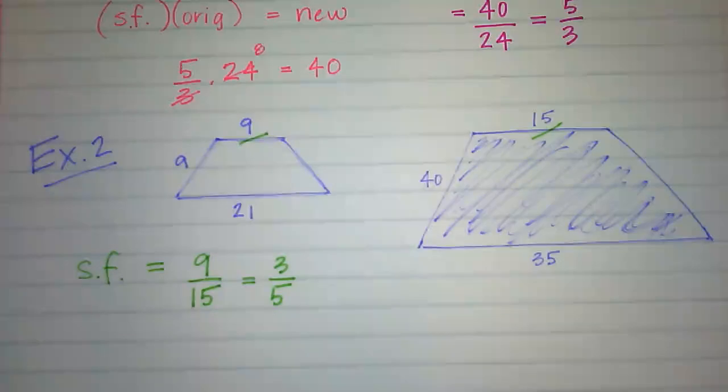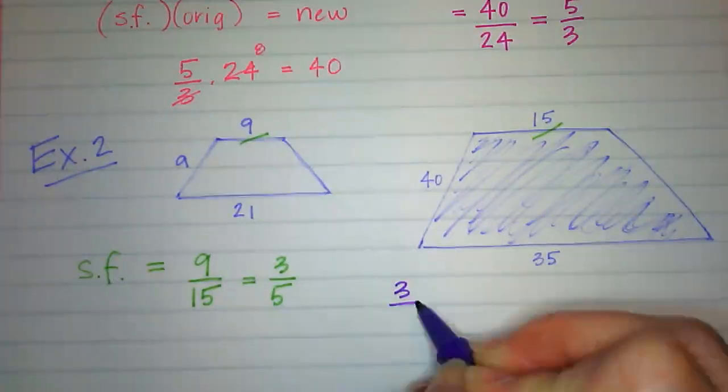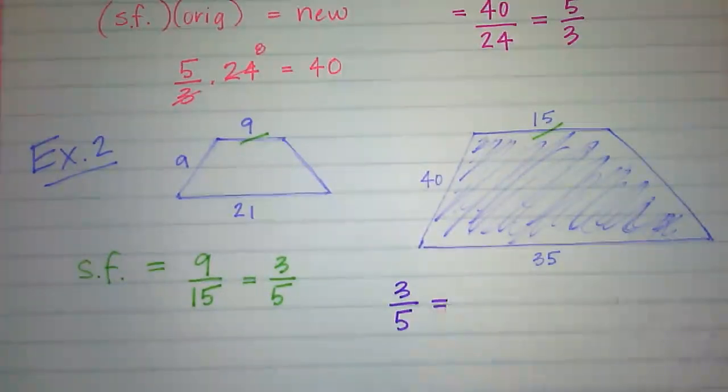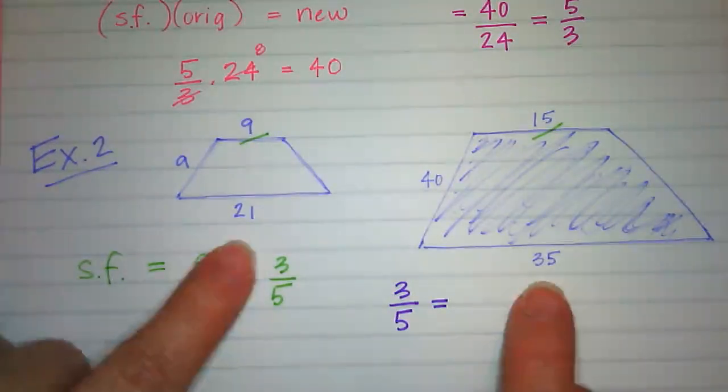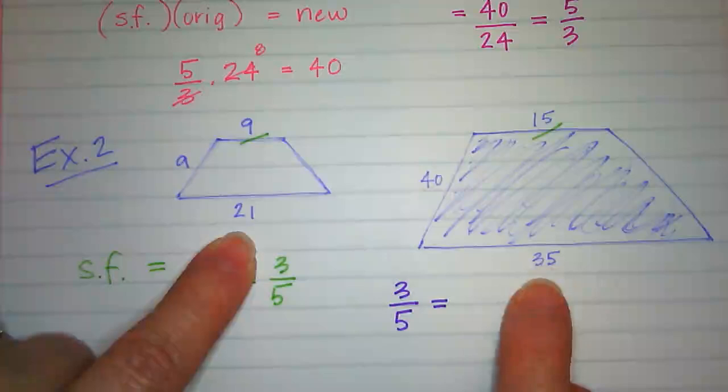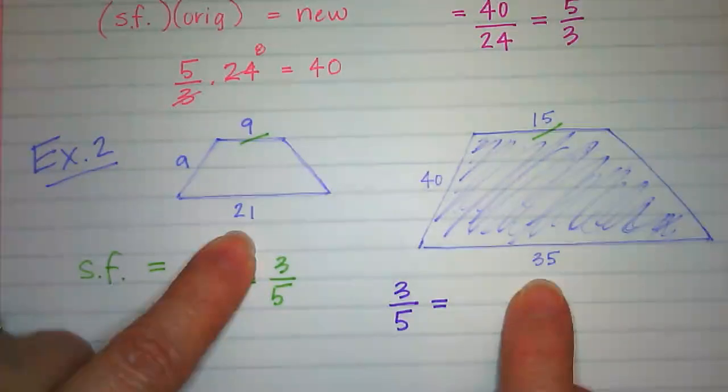And that is, if we now make a proportion using our scale factor with the other fraction being the one that contains the missing side. So we know our scale factor is 3/5. So we know that if we set up any other fraction, it needs to equal 3/5. And if we set up 21 over 35, reduced by 7, that would give us 3/5.